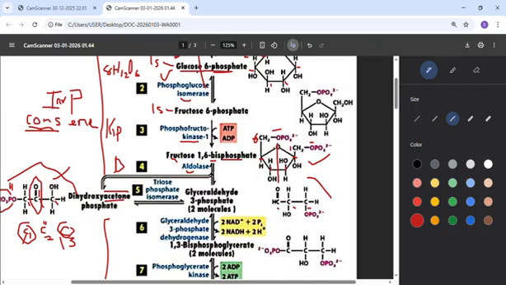Why? Because from this fructose, 1 oxygen has been moved to the left to form the ketone. There is no oxygen to come and form a ketone here again. So the only thing we have here is aldehyde. This one only has CHO, the aldehyde functional group, so no ketone functional group here.